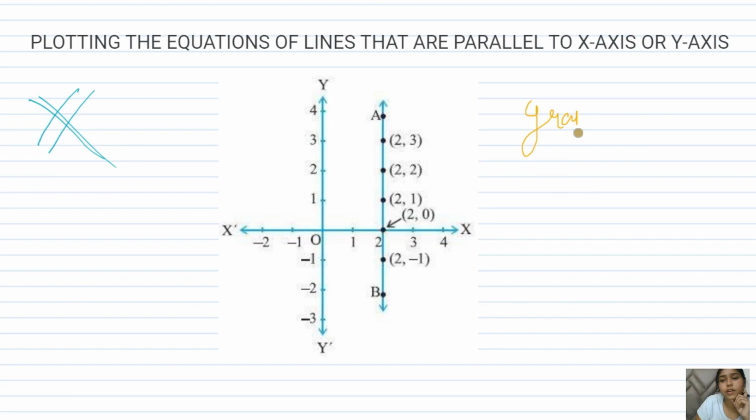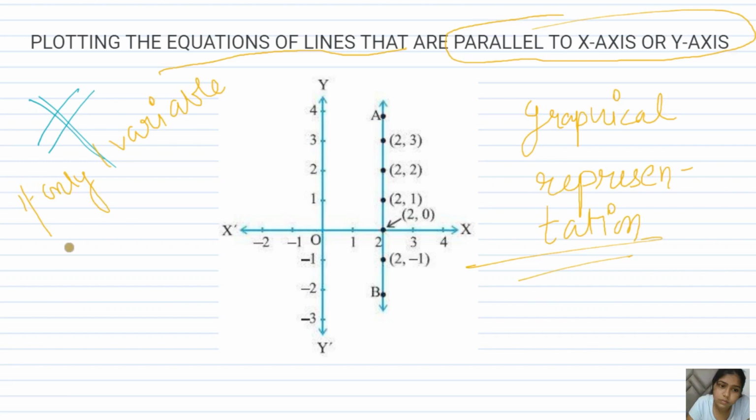So how does this happen? I've already told you in a special note that if only one variable is given, we have to multiply the second variable by 0.